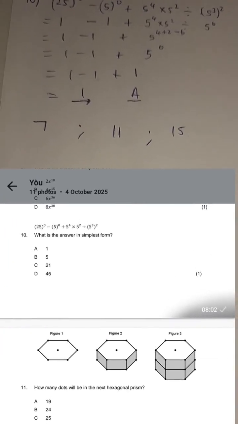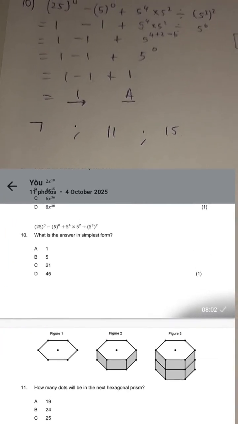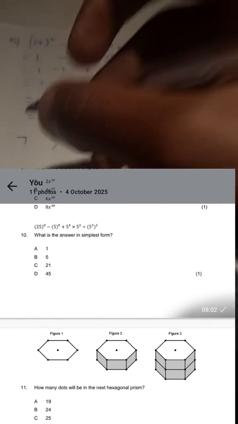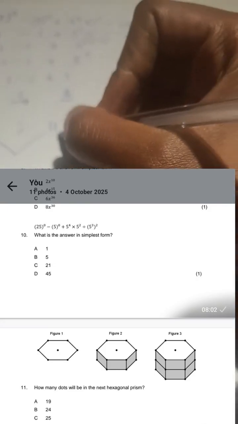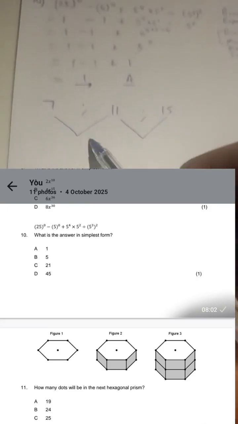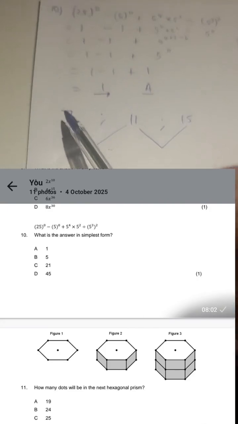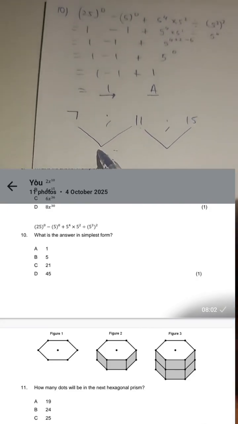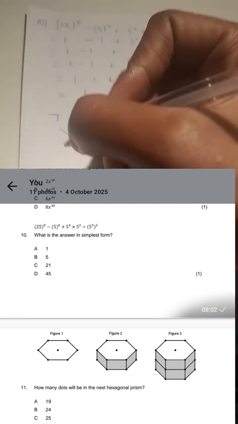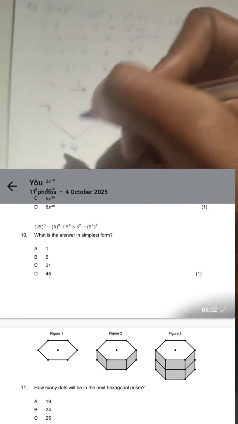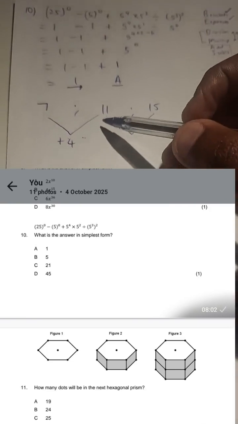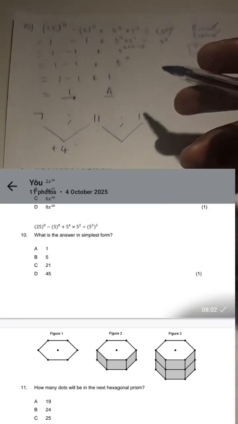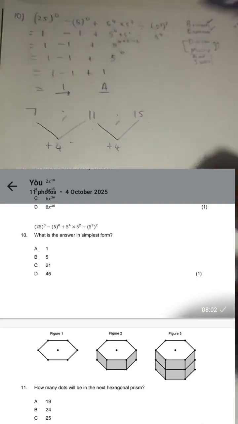So Tando in the comment section has already answered, and the answer is based on what he sees as the constant difference. So guys, the question is, from 7 to 11, how much are we adding? Okay, so Tando has indicated in the comment section that we are adding 4. From 11 to 15, how much are we adding? We are adding 4.